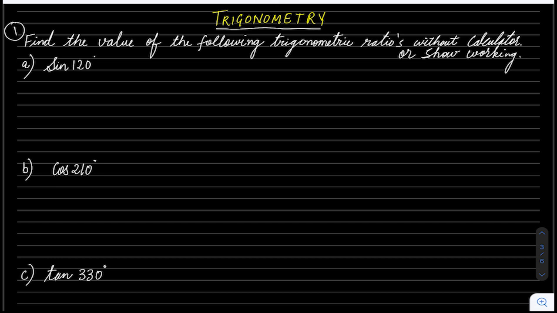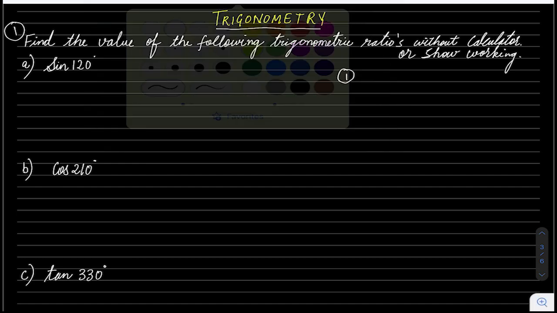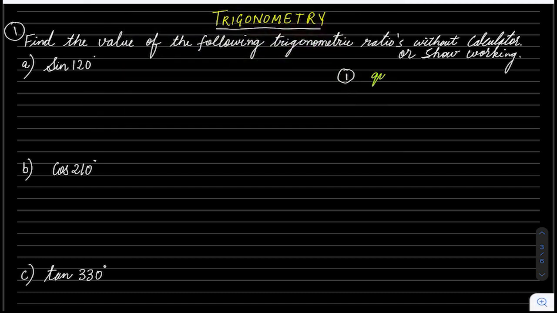This is sine of 120 degrees. Now, to solve these questions, you need to understand two things. First, the quadrant. We have already learned: first quadrant, second quadrant, third quadrant, fourth quadrant.